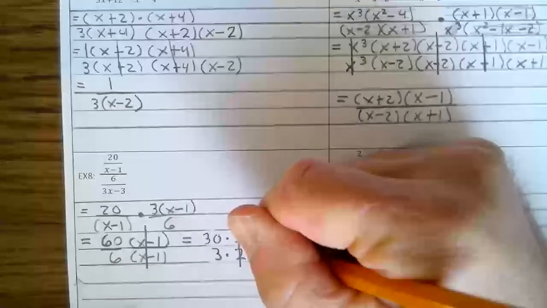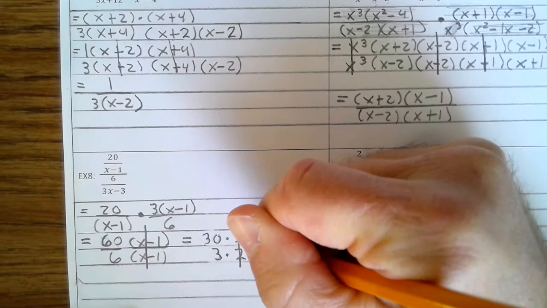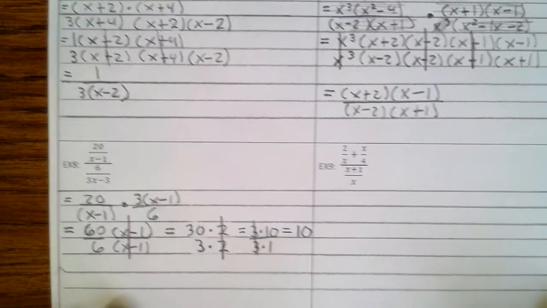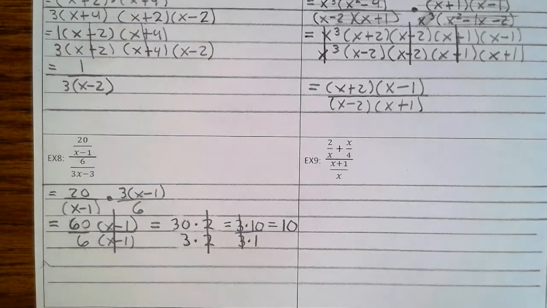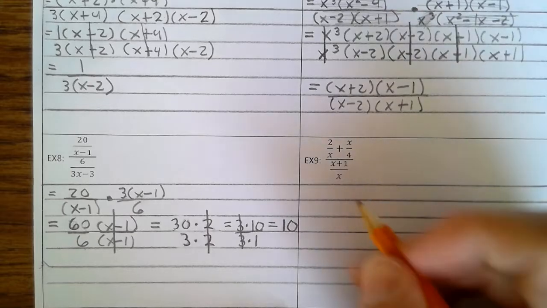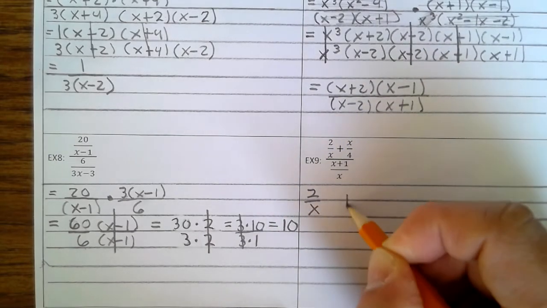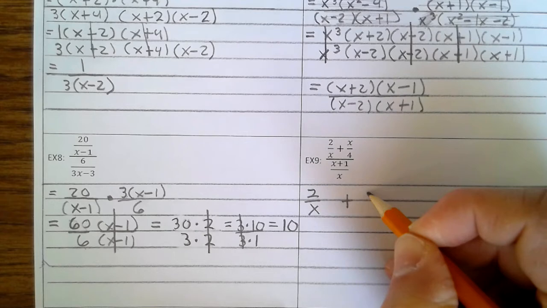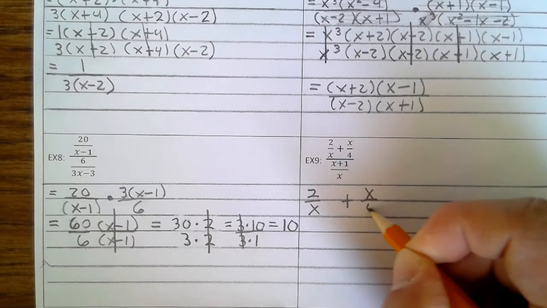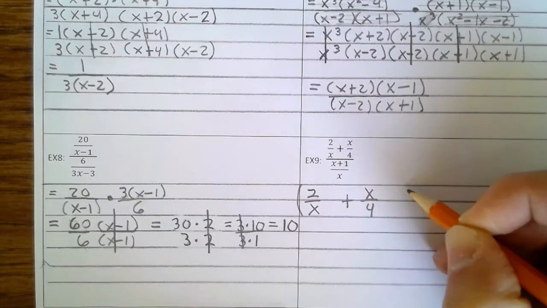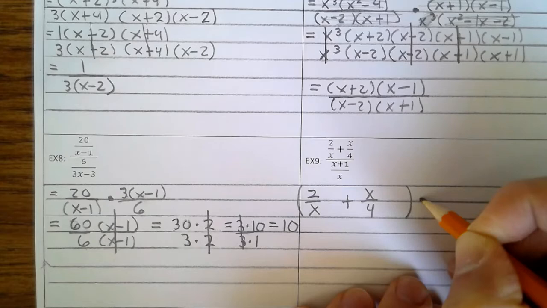Okay. All right, example 9. Again, when we divide by fractions, we flip and multiply. So that's 2 divided by x plus x divided by 4 times x divided by x plus 1. Okay.